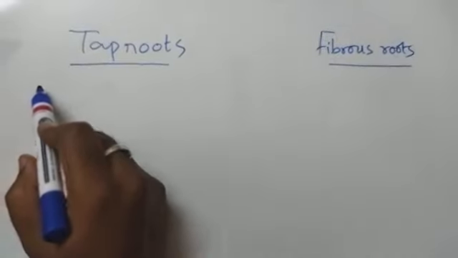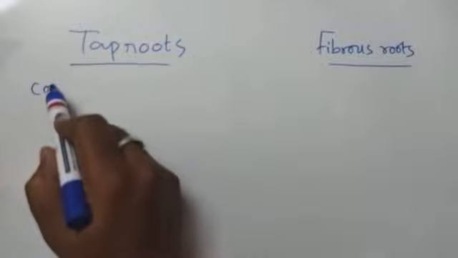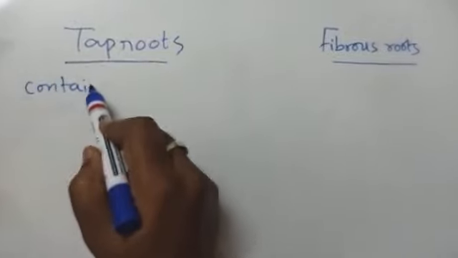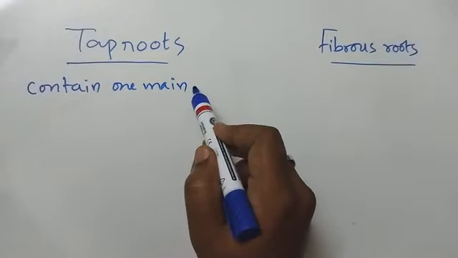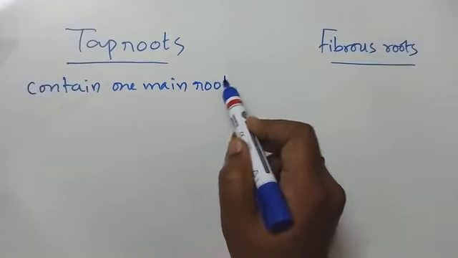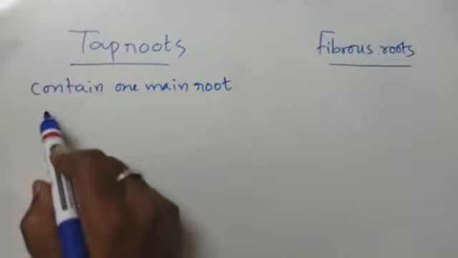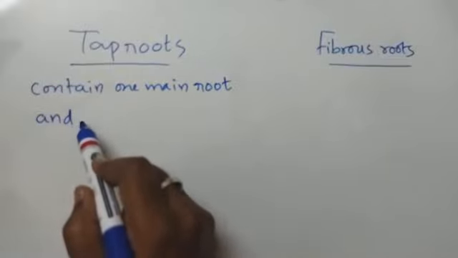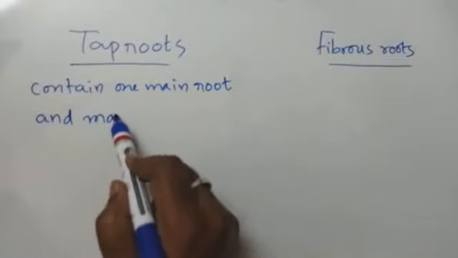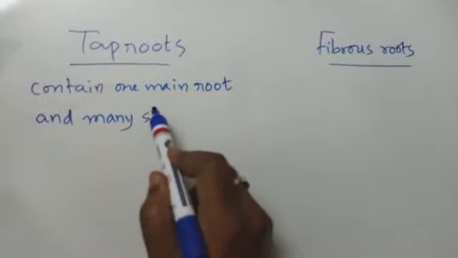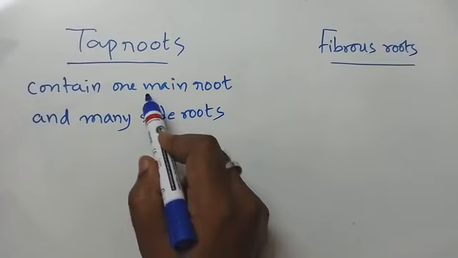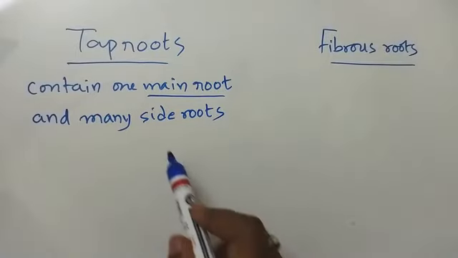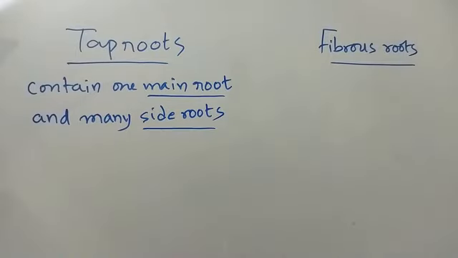Tap roots contain one main root and many side roots. And I already told you, the main root is known as the tap root, and the side roots are known as lateral roots.